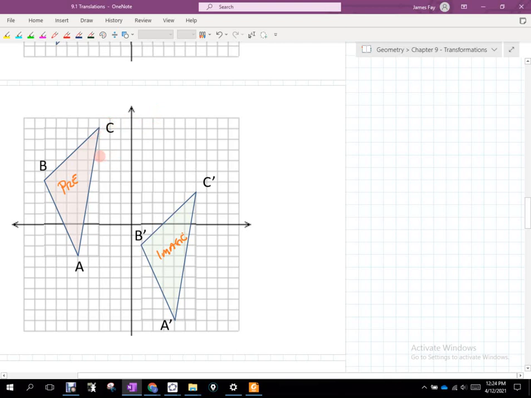It looks directly like this one has been cut and pasted directly over here, right? And when you do cutting and pasting on your computer, that's exactly what you're doing. Your computer in the background is doing a translation. So let's say I take this here and I cut it. And I move it. It's doing a translation. Does that make sense? Okay.